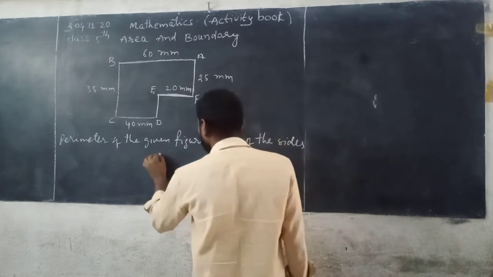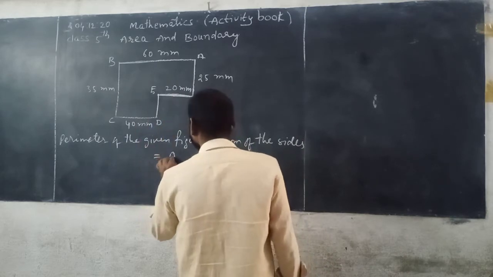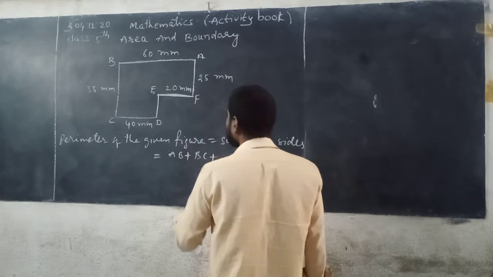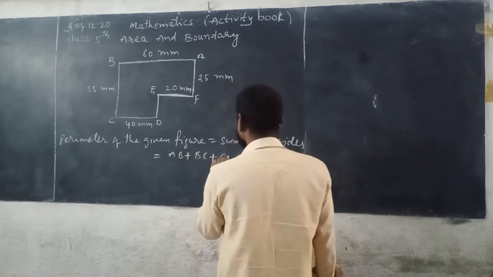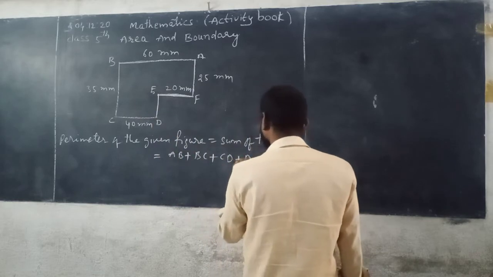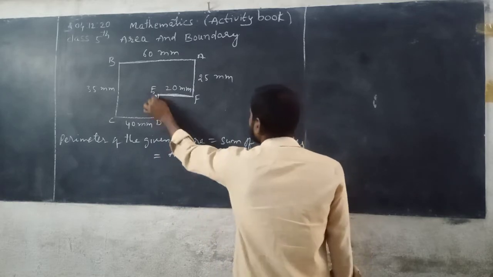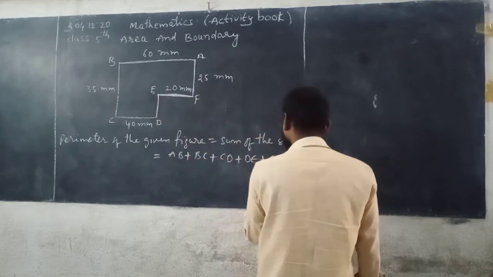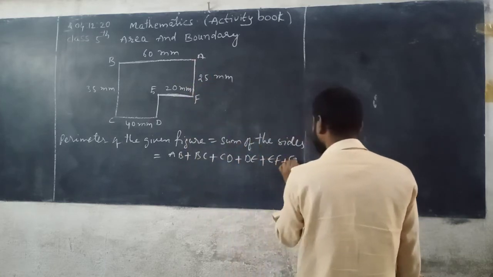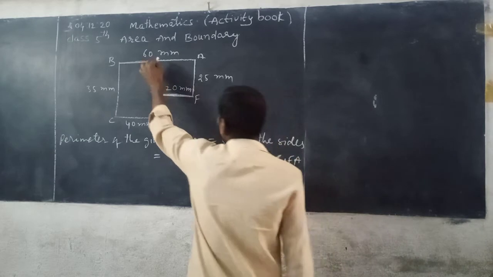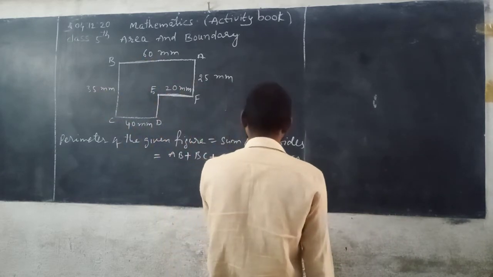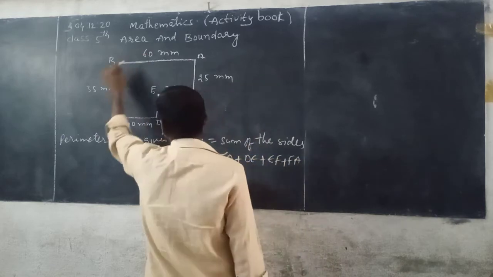Sum of the sides means AB plus BC plus CD plus DE plus EF plus FA. How many? 1, 2, 3, 4, 5, 6 sides. See here, 1, 2, 3.